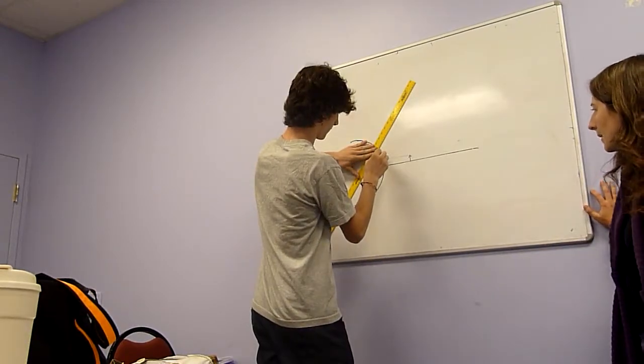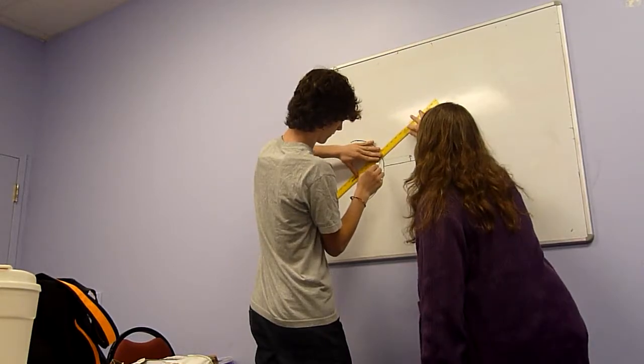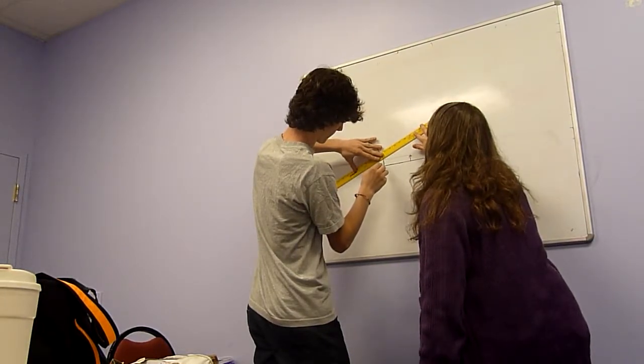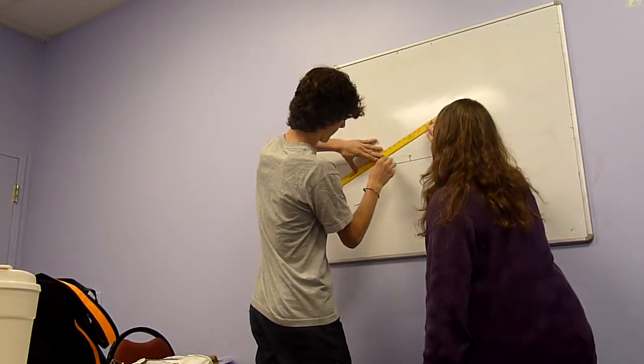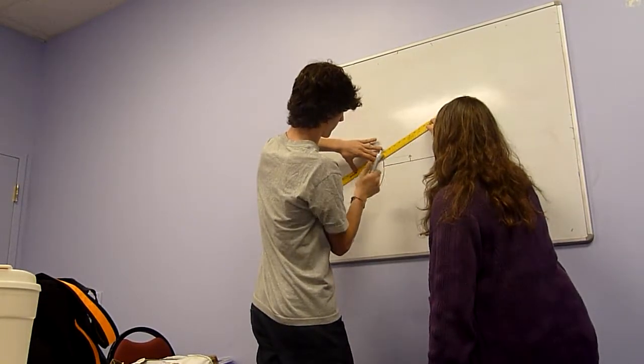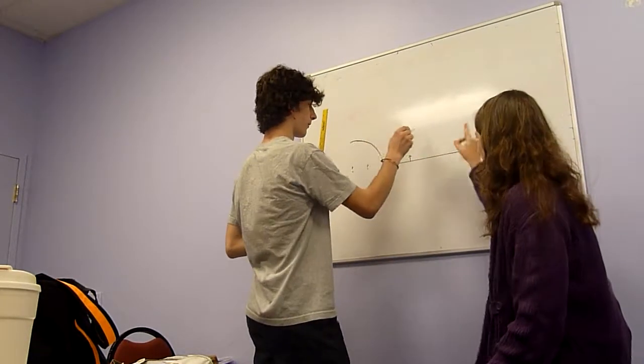You have to hit that spot too, where it hits in the focal point. Okay, so put arrows on these so you know it went that way and then out that way.